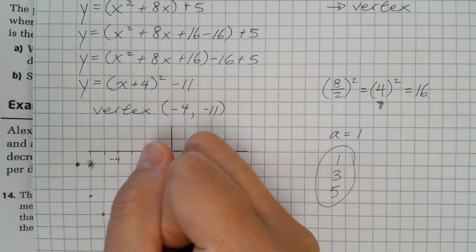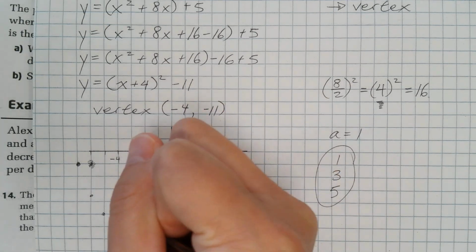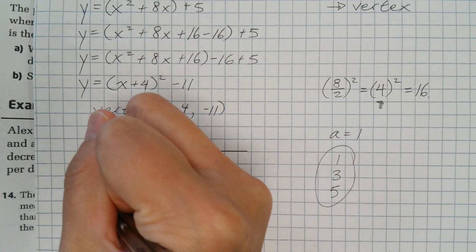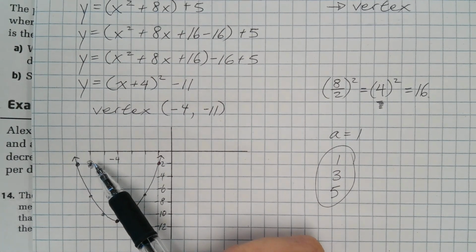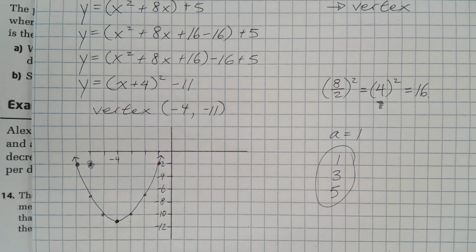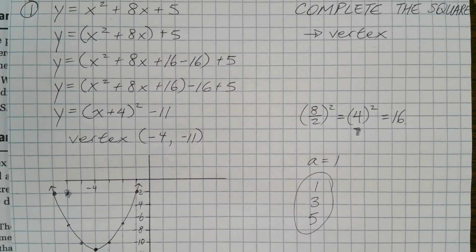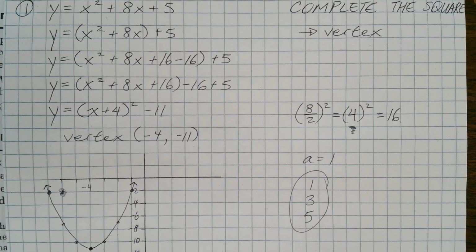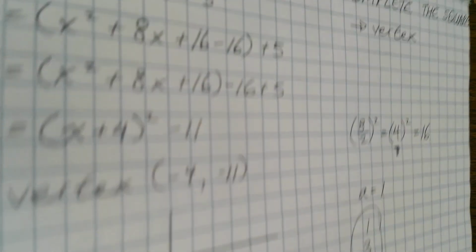Your parabola will always open outwards like this. So that point should probably not be there. So there we go. Quick, easy question, completing the square and graphing the parabola. You will see this for sure. You'll need to complete the square, and you'll need to graph it.